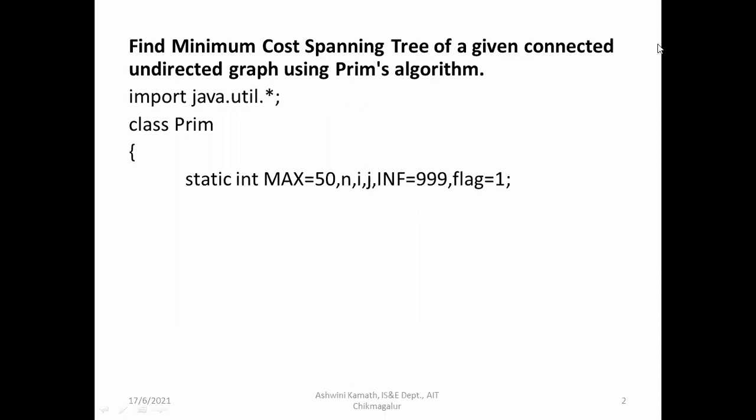So for that infinity value, we have taken 999. The weight which you take for an edge must not be greater than this value. If you are taking weights like 1000, 2000, 3000, then you have to increase this infinity value. The infinity value I have taken is maximum 999.